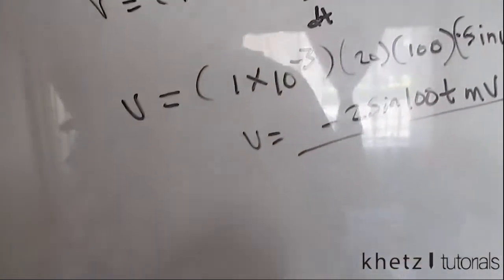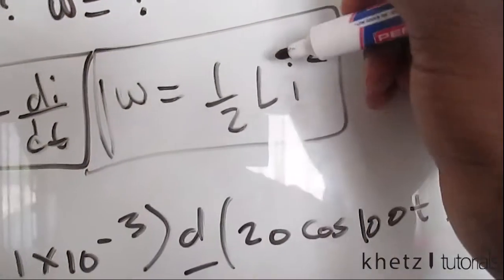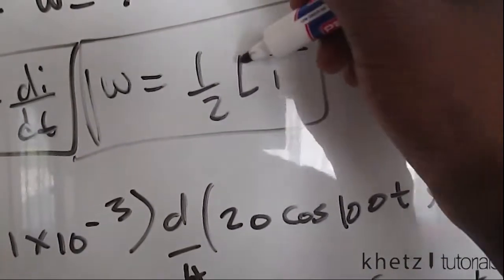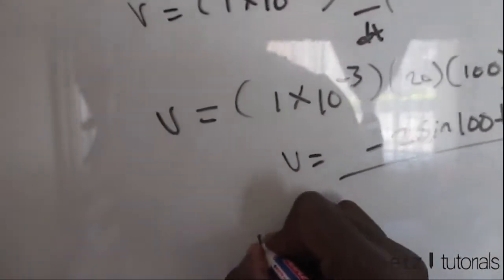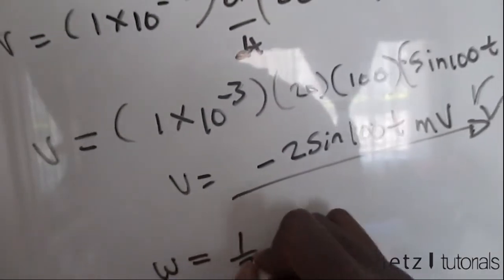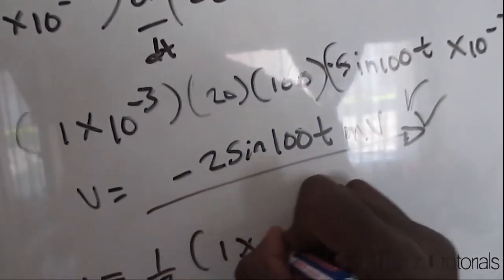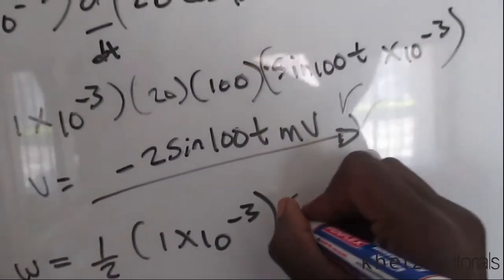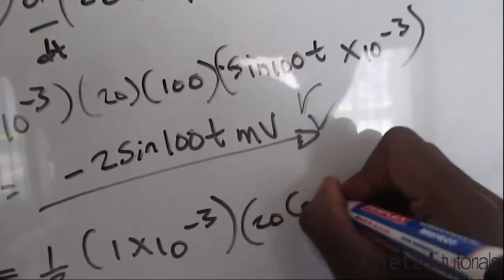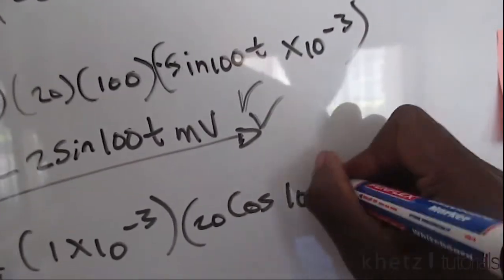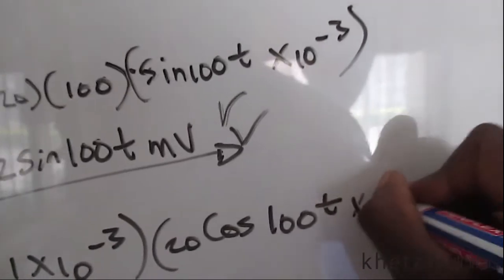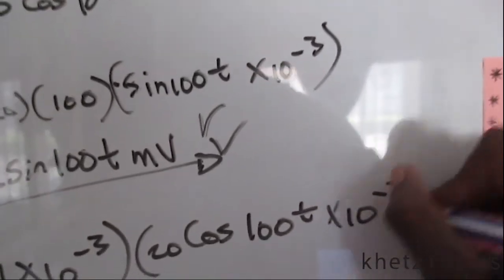Next, we are going to compute the energy using this formula, which says W is equal to half L I squared. We are given I in the question, and we're given L as well, so all we have to do is plug that into the formula. We have 1 millihenry, and the current is 20 cos 100t times 10 to the minus 3, squared.